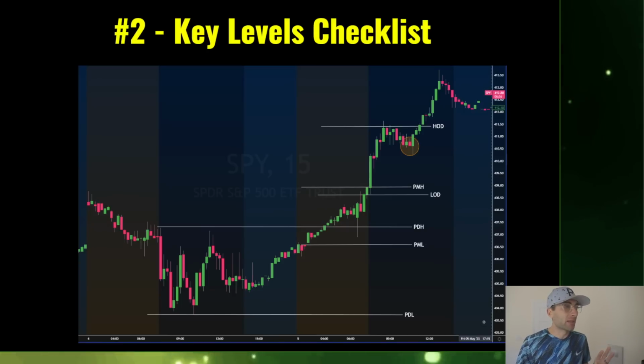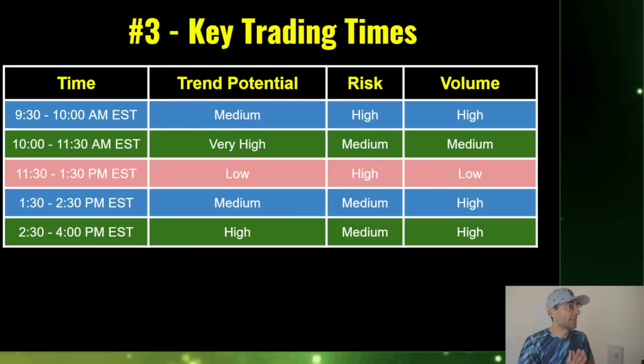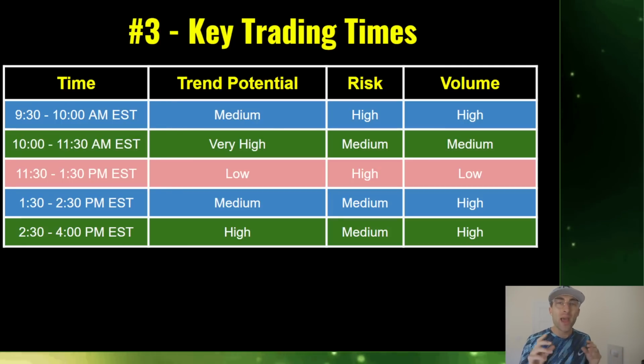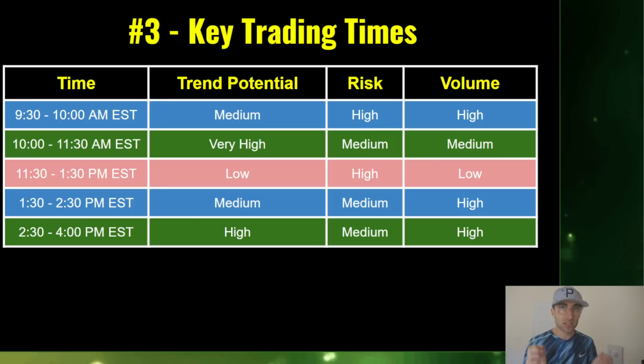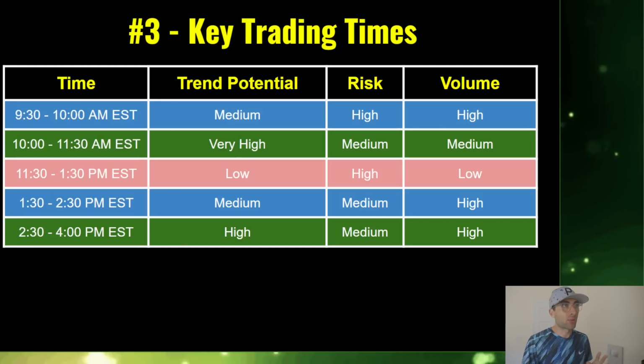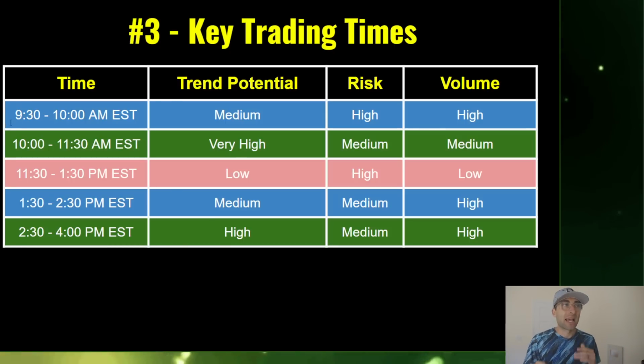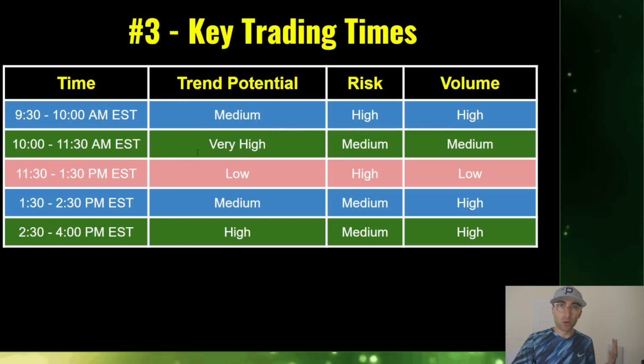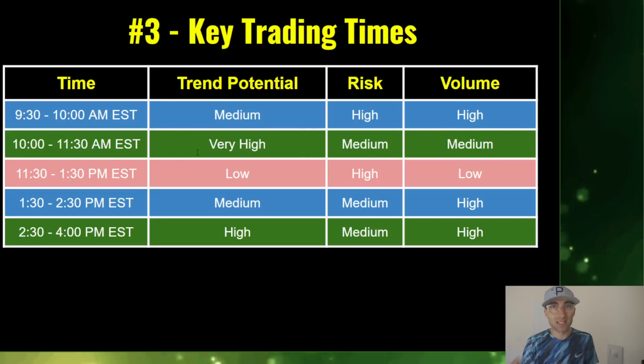And then number 3, and then I'm going to do an example together with SPY today. But number 3, you have to understand the potential at the time of the day. So for example, the morning has a lot of volume, but also has a lot of risk. So I don't really like trading the morning. More importantly, it gives me no levels to go off of in terms of entering and exiting.